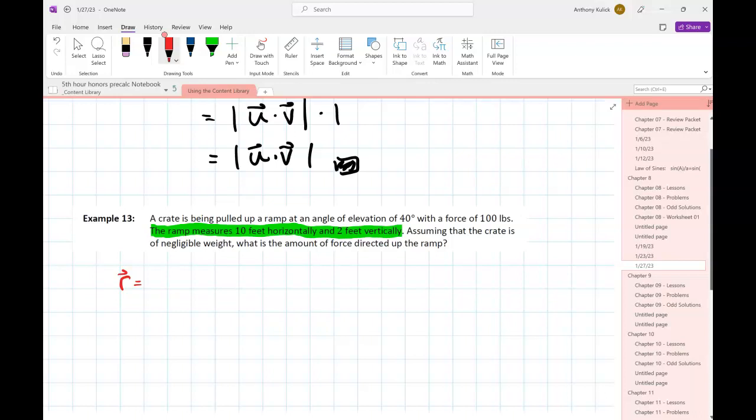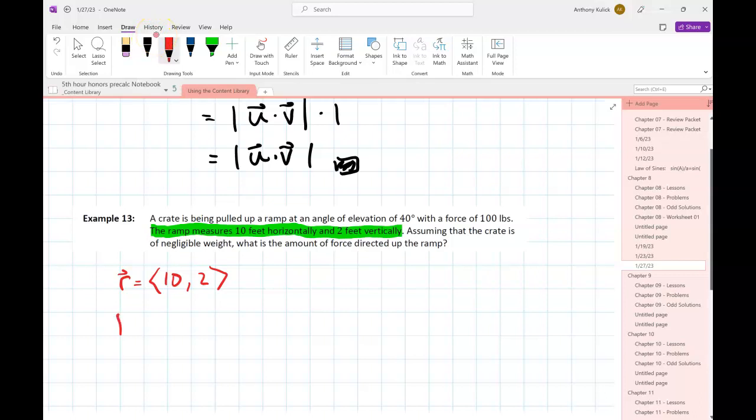So if I want to write a component form for a vector r, what should I write its component form as? 10, 2. Yeah. 10 feet horizontally, 2 feet vertically. That should be the component form 10, 2.